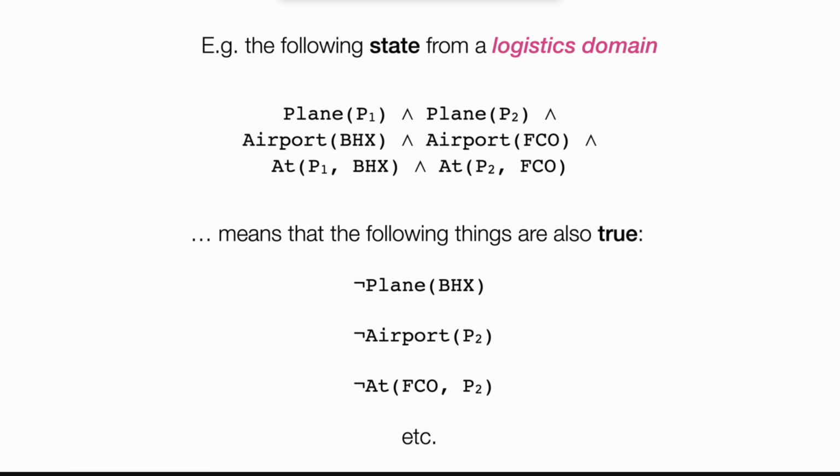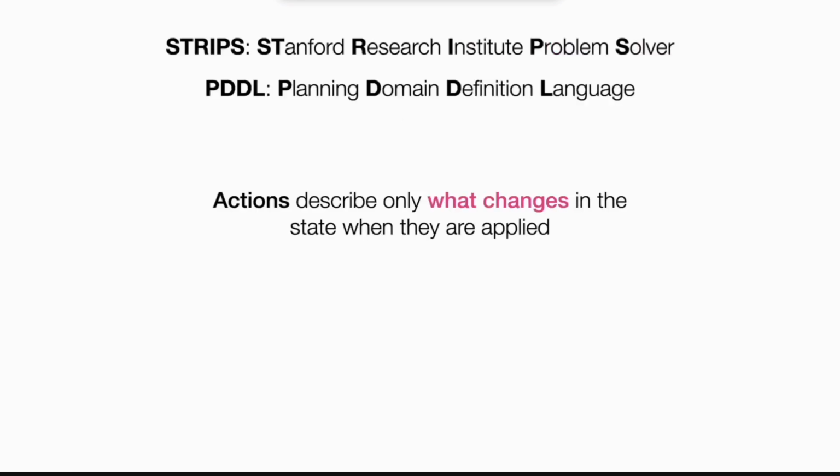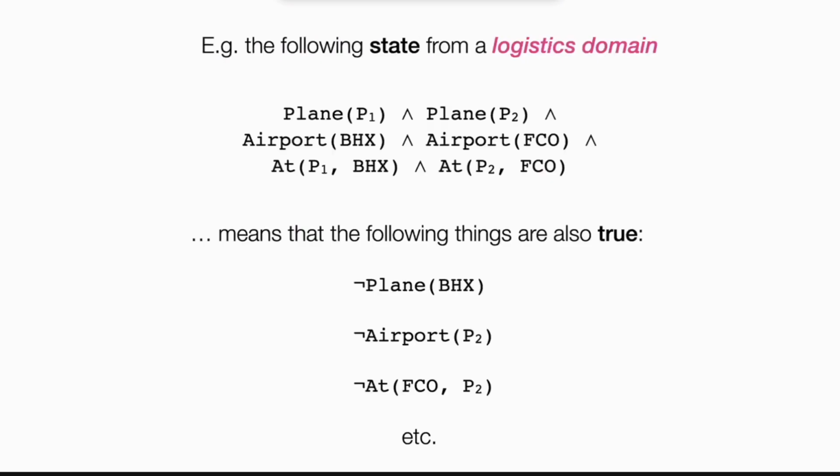So note that all the things that I say now are true are false things. So it is true that BHX is not a plane. It is true that P2 is not an airport, for example. So this is what the state looks like.